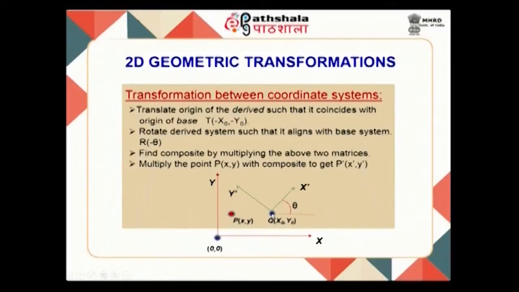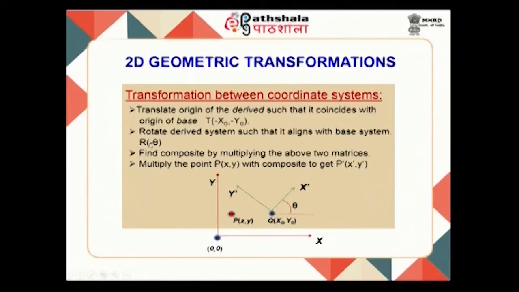So, translate the origin x naught, y naught of the derived coordinate system such that it coincides with the origin, first step. Second step, align the x dash direction with the x direction and the y dash direction with the y direction. How do we align? By rotation, but now this is a clockwise rotation. We know that rotations in clockwise order are negative.